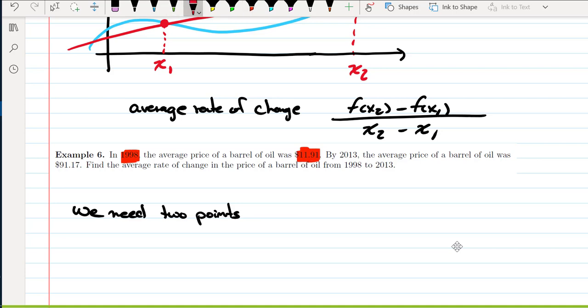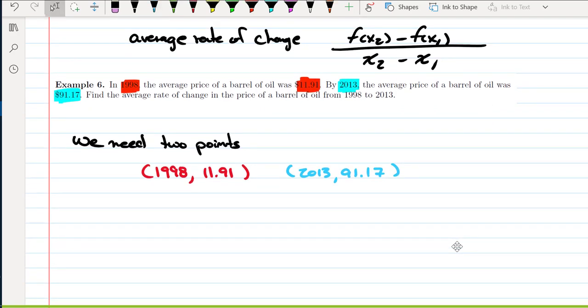It pairs with $11.91. And then our next ordered pair is in 2013. That pairs with $91.17. So then we need to find the slope between those 2 points.